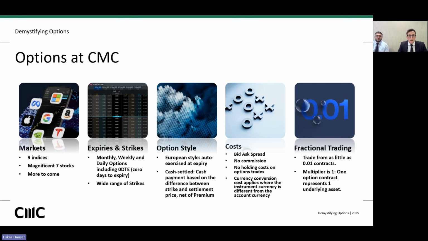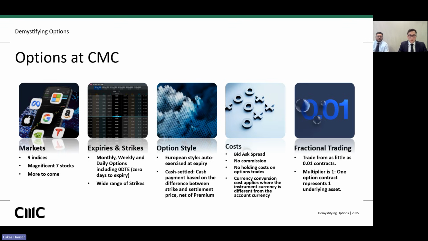The option style is European style. This means that options can't be exercised during the term, but only at expiry, and the exercise happens automatically. The options are cash settled, so there will be the difference between the settlement price and the strike price, and this payment will happen net of premium.